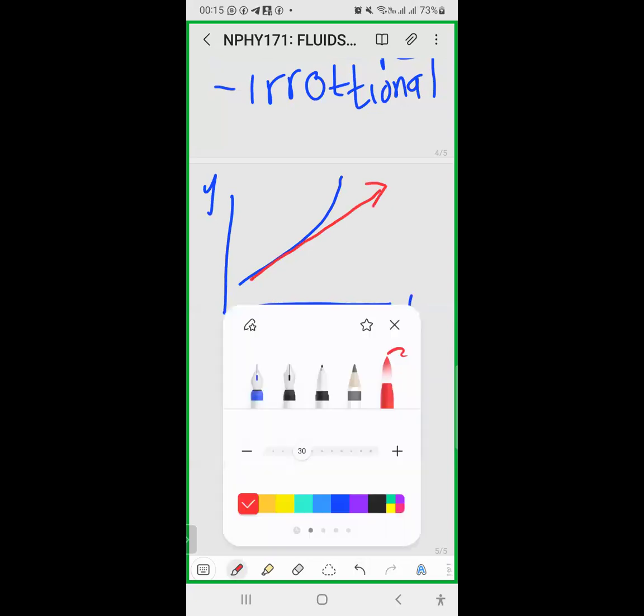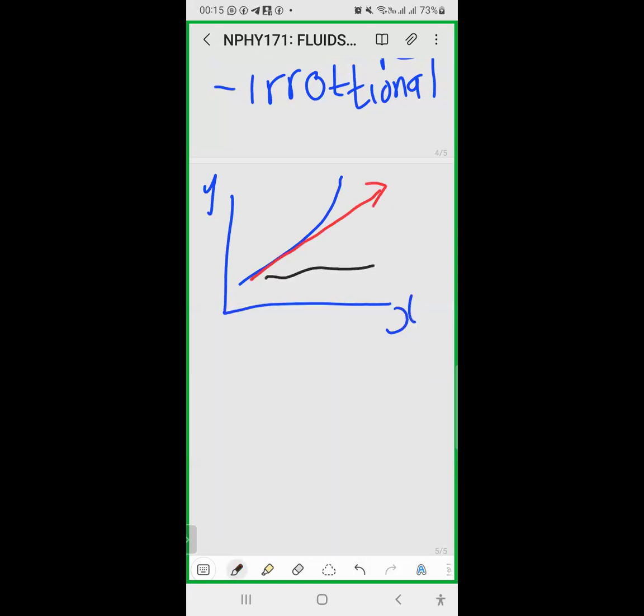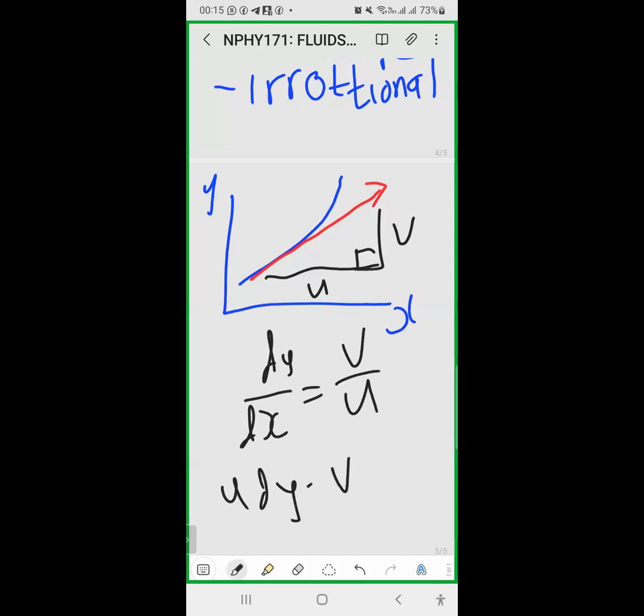We know that this will be a 90 degree angle, and you have your velocity component along the y-axis and your velocity component along the x-axis. By definition, your change in y over the change in x equals v over u. Therefore, u dy will be equal to v dx, which is equal to 0.